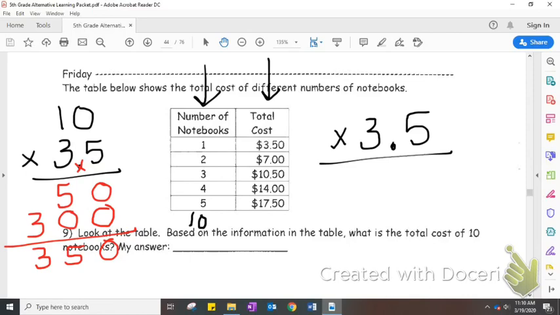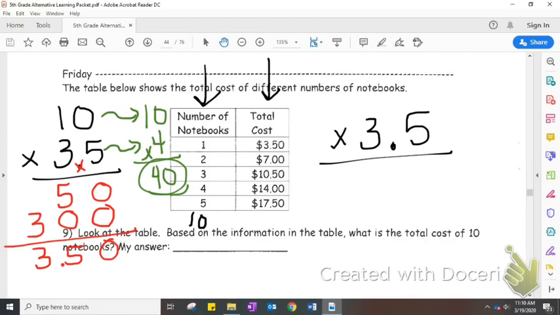And I was supposed to estimate to begin with, but I didn't. Oops. 3 5/10 rounds to about 4. 10 times 4 is 40. So my answer should be close to 40. That helps me figure out where to put the decimal point. It wouldn't go here because that would be 350 and that's nowhere close to 40. 35, that is close to 40. That would make my estimate pretty good. $3.50, that's nowhere close to 40.